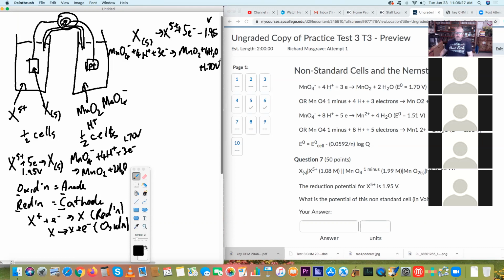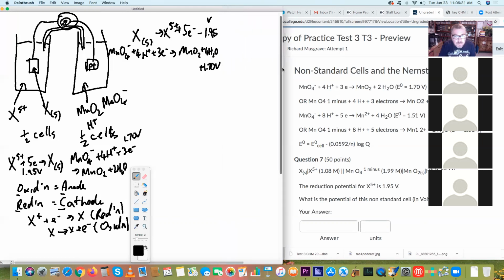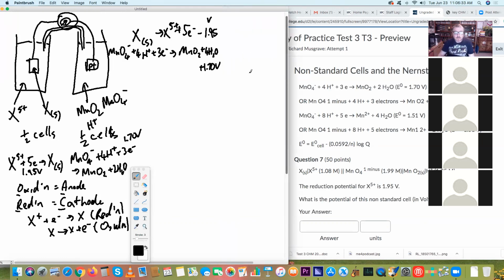So the anodes are just going to have subtraction value of the volts, and then the cathode. No, more correctly, Adam, it's going to have the opposite sign because that could be a negative sign initially. So it would flip to positive, but it's always the opposite sign of what it was because you flipped the reaction.